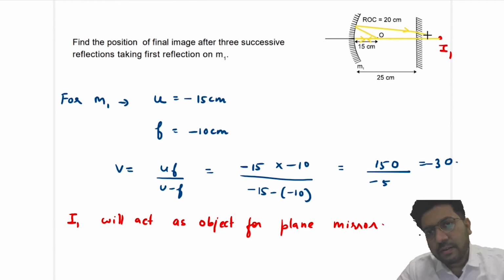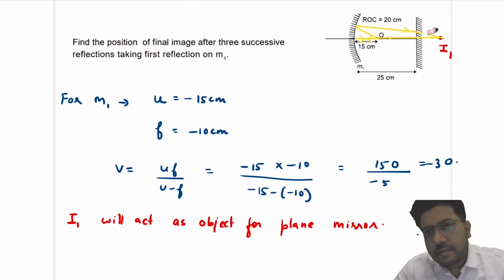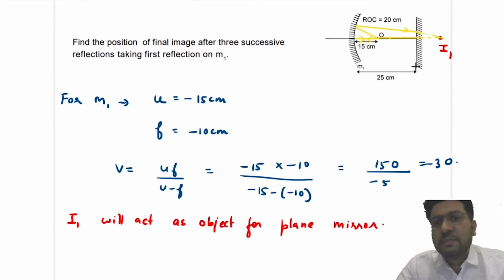It wanted to intersect at this point, but because there is a mirror here, we will draw it with dotted lines. Why? Because it wanted to go there but cannot, as it is intercepted by a mirror.